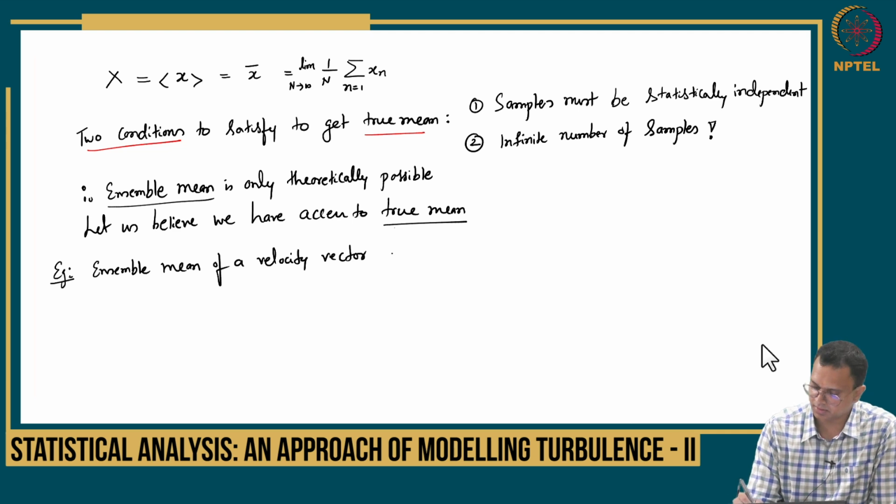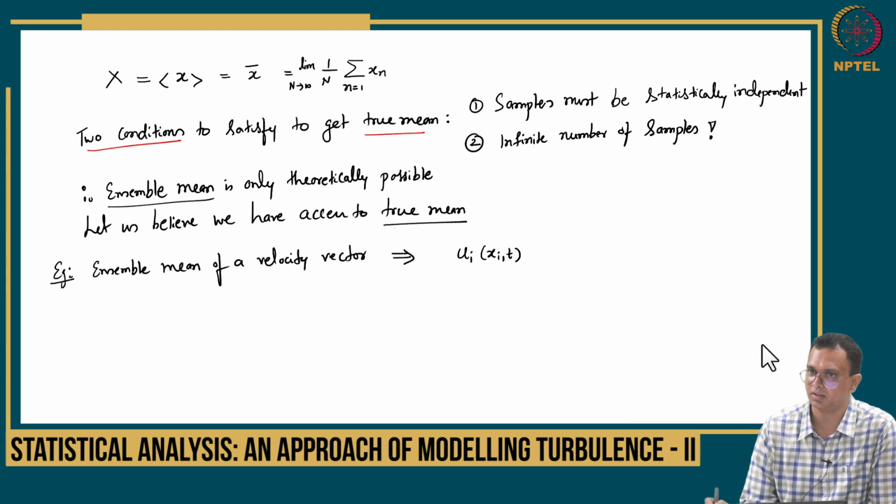So if I have this, then I can say ui of xi comma t, it's three-dimensional, your velocity vector, let's say u1 in one direction of your coordinate axis is a function of x, y, z and time.